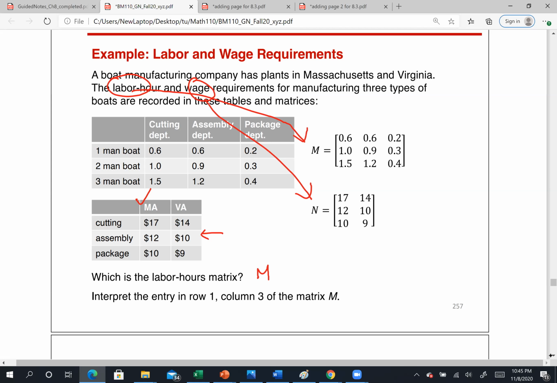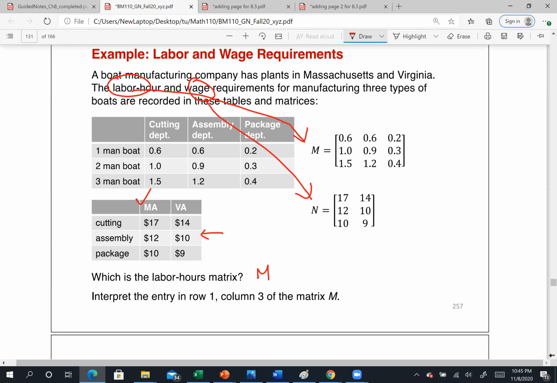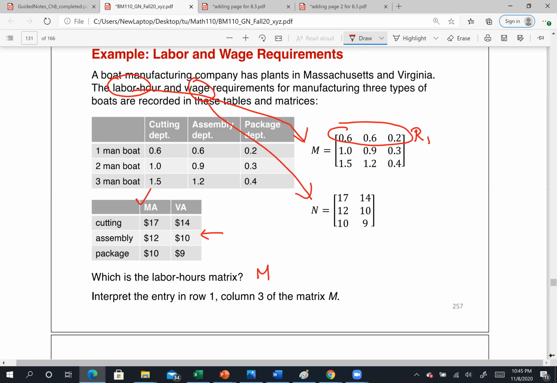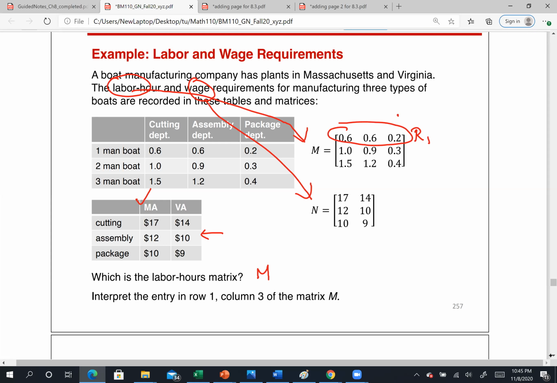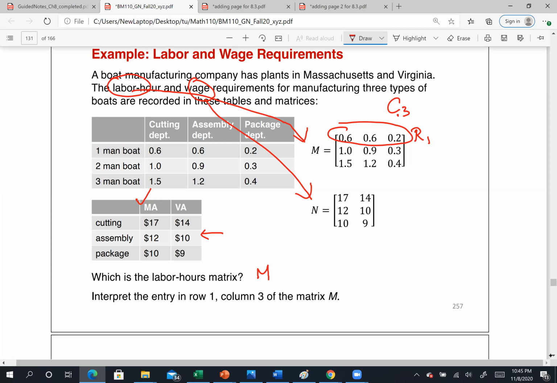Okay, so interpret the entry in row 1, column 3 of matrix M. So row 1, here's row 1. Oh, sorry, row 1 is the first one. Row 1, right? Column 3 here. Okay, so then this guy gonna be that's one, right? So which mean we are looking for A13, this guy.